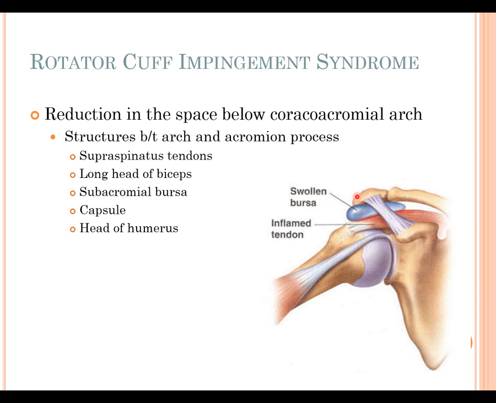When the bursae are in the body and they're not irritated or inflamed, you can't even tell that they're there. Their purpose is friction reduction. They are these areas of lubrication in high areas of friction to help just move things along. When they start to become inflamed, you may be able to palpate them. So a subacromial bursa is there. We also have the capsule that surrounds the entire glenohumeral joint, and then obviously the humeral head is also under there as well.